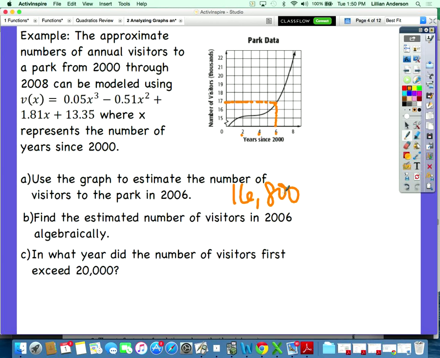But we can figure this out algebraically. Like in part B, find the estimated number of visitors in 2006. What do you think we're going to do here, Alexis? Plug in 6 for x. Very good. So we're going to evaluate v of 6, which means that we're going to plug in 6 everywhere we see an x.